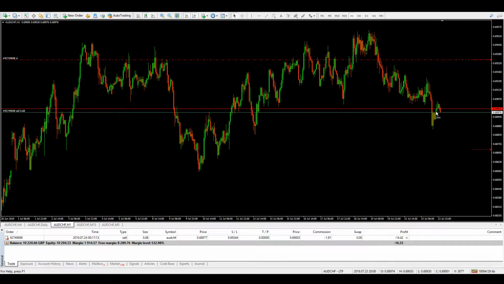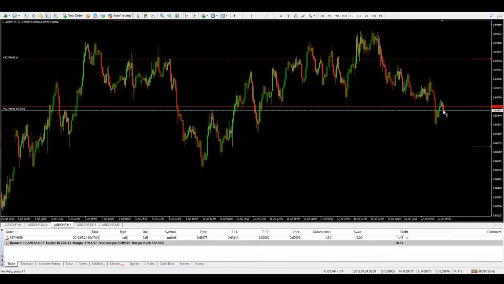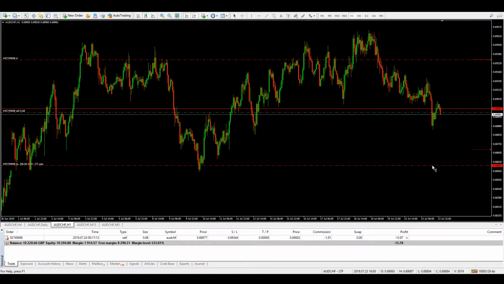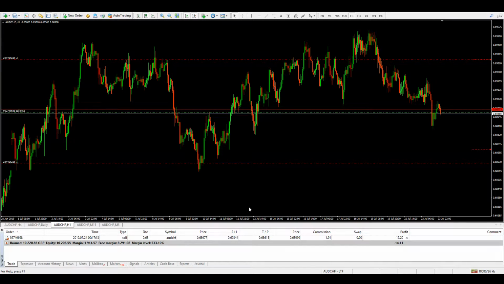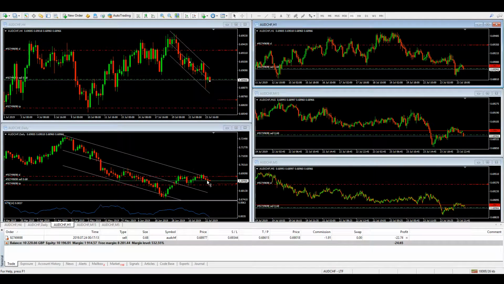Give me a few more moments to set this up and I'll explain the theory behind doing this. Okay, so I've risked 2% on this trade here. And funny enough, it's a similar entry price to what I had entered previously.